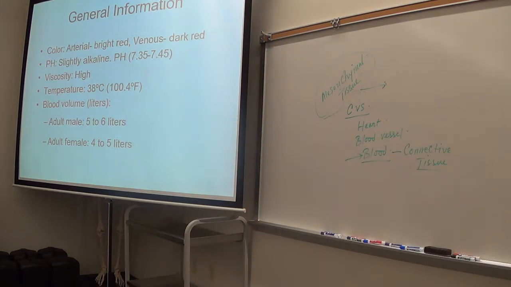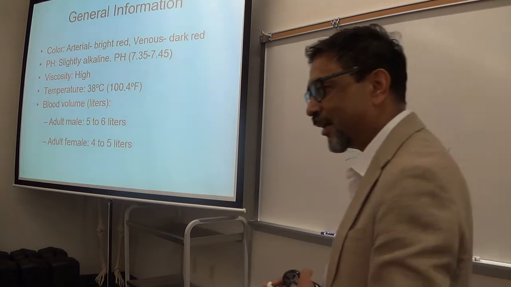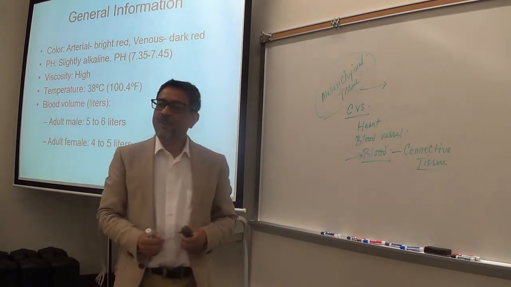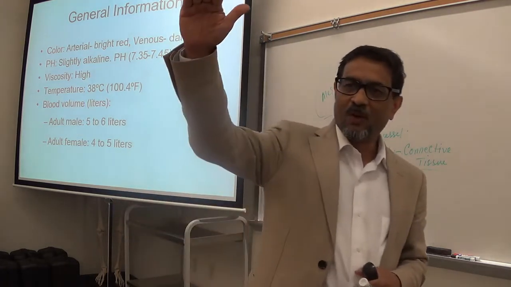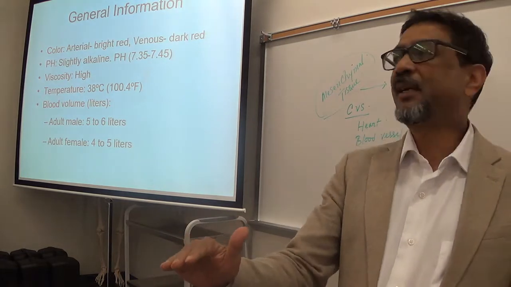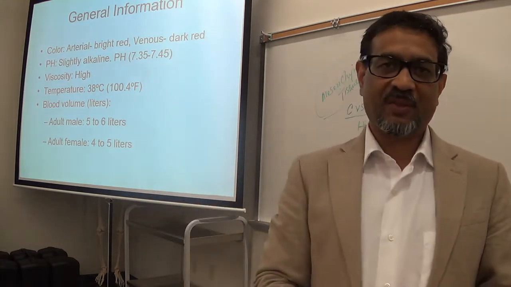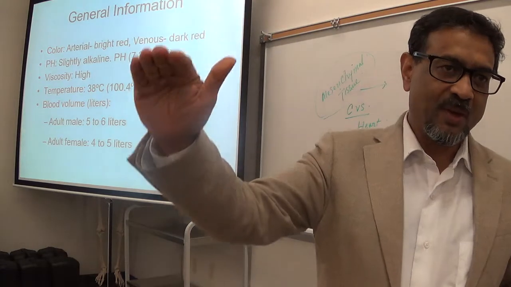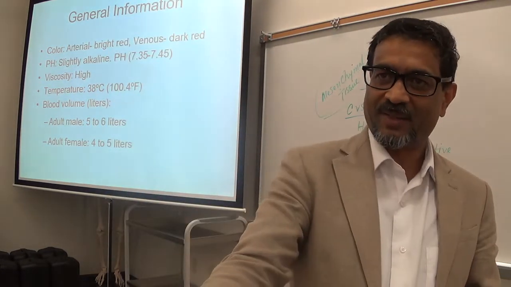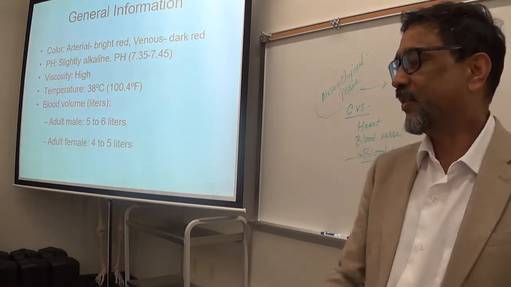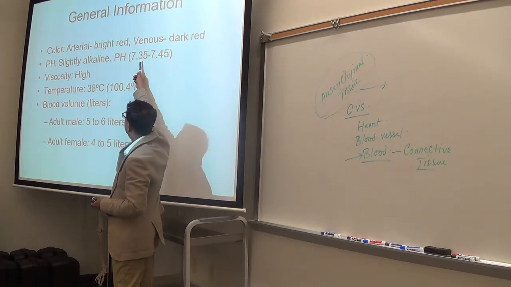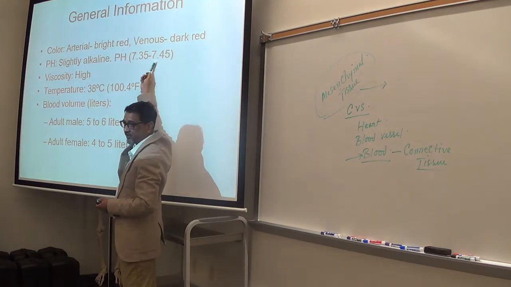That means slightly what? Alkaline. Make sense? Okay. Now, if the pH of blood goes below 7.35, we will say that acidosis has occurred. That means towards acidic, right? Blood is going towards acidic, right? Acidosis. So it is very important that pH is maintained within this range.